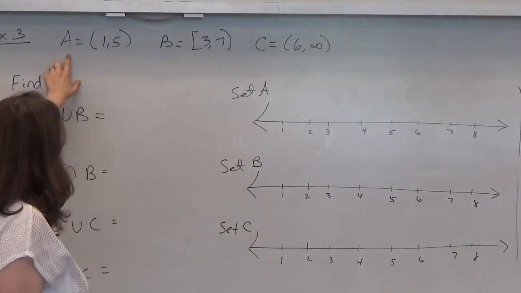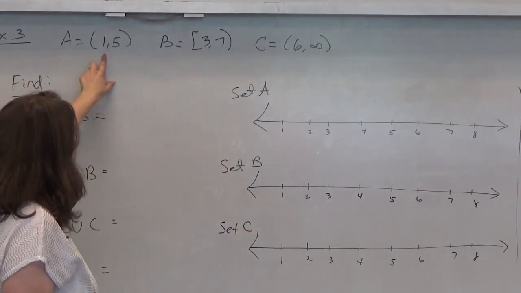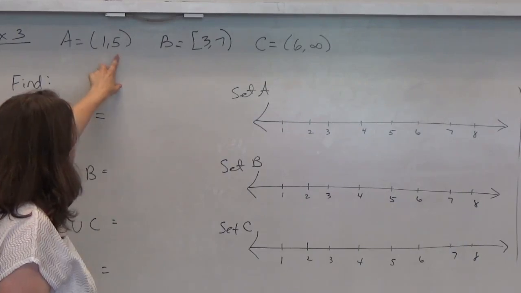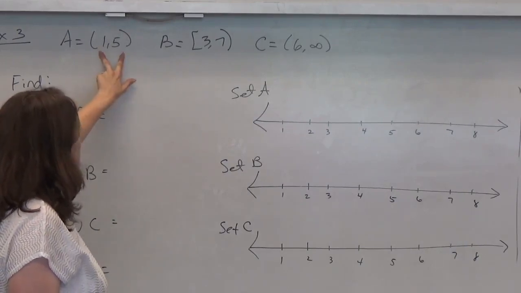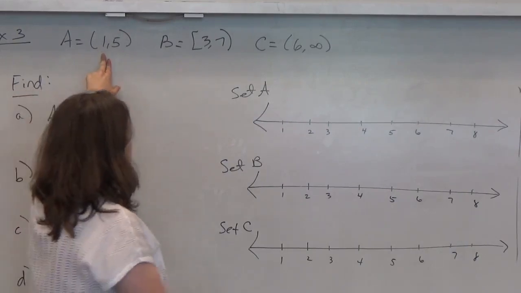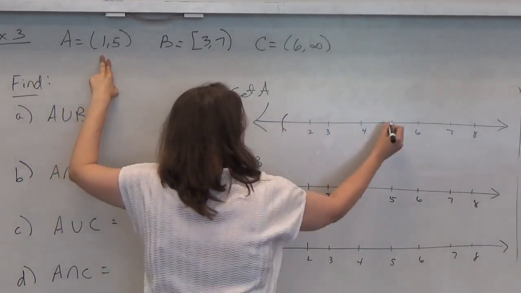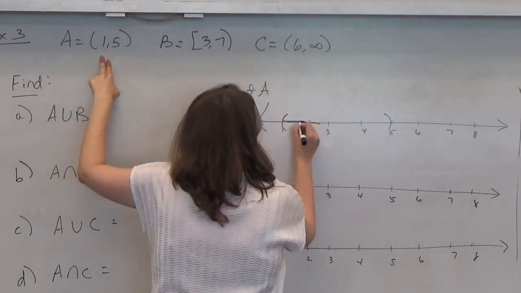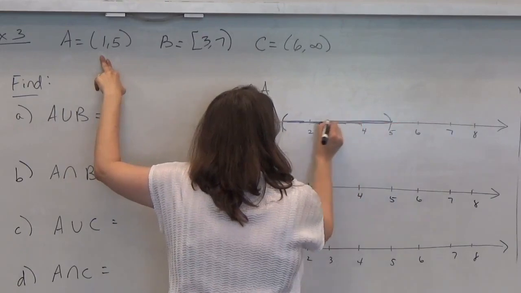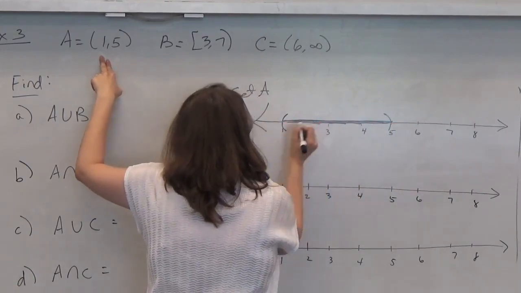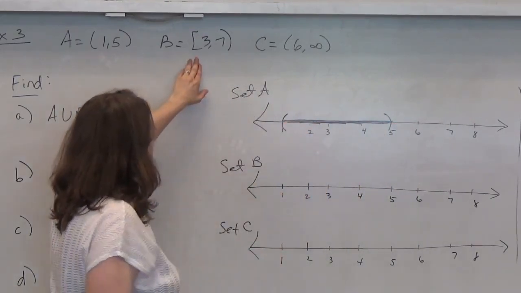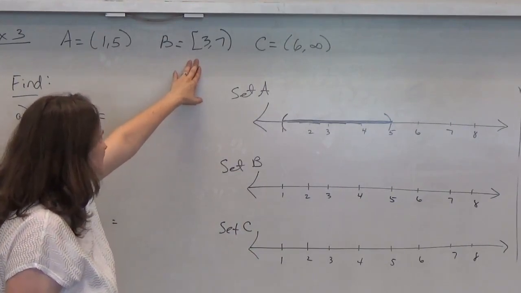So set A is the interval from 1 to 5, and it does not include the endpoints. So I need to shade from 1 to 5 on set A. There's my graph for set A. Set B is the interval from 3 to 7.